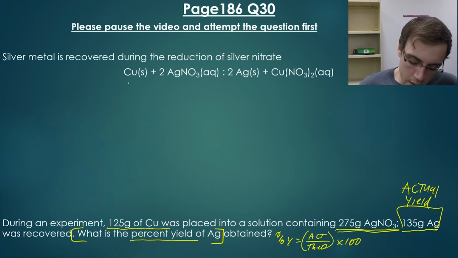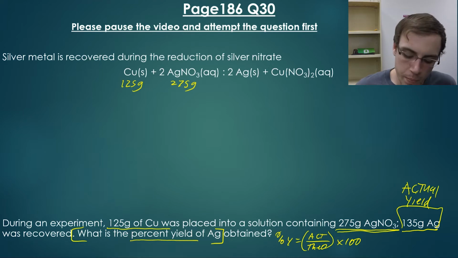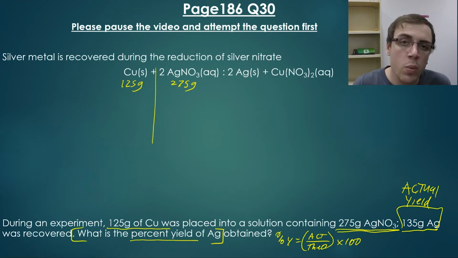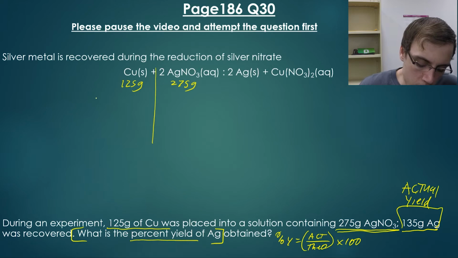So we see copper, and we know by the question here that copper is 125 grams, and it was placed into a solution containing 275 grams of silver nitrate. So we now calculate the total moles of each of these, and we find out which one is the limiting reactant. So we go moles is equal to mass over molar mass.